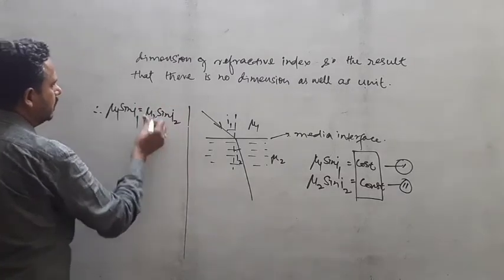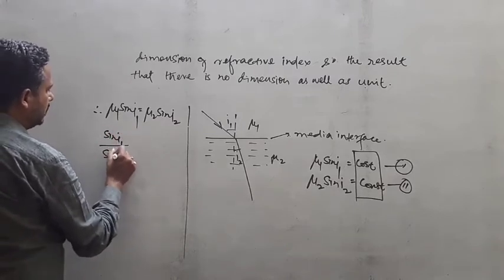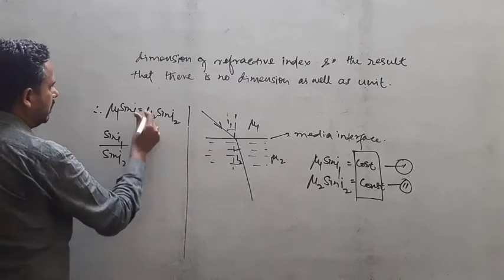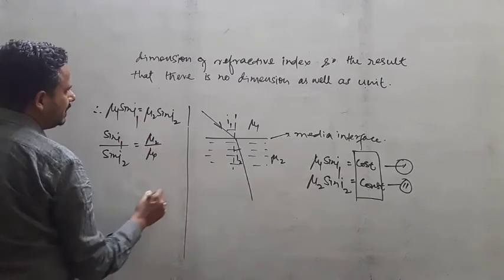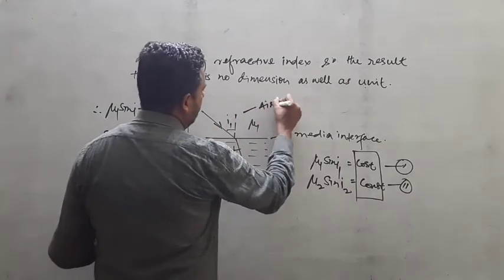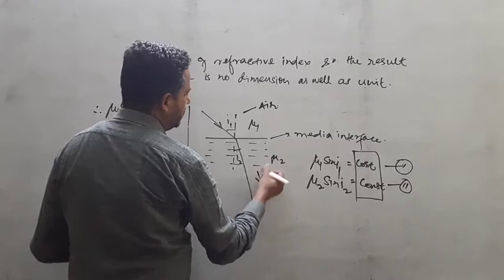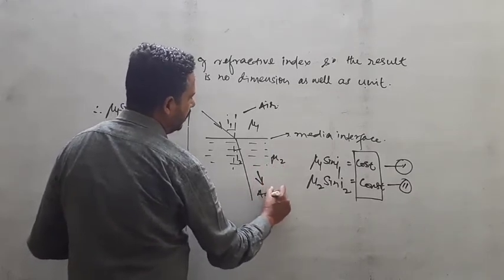From there, sine I1 by sine I2 is equal to mu2 by mu1. Now this medium could be any medium, you can write down any medium.